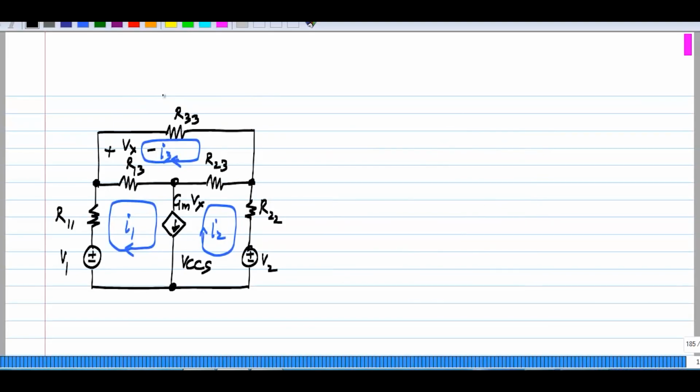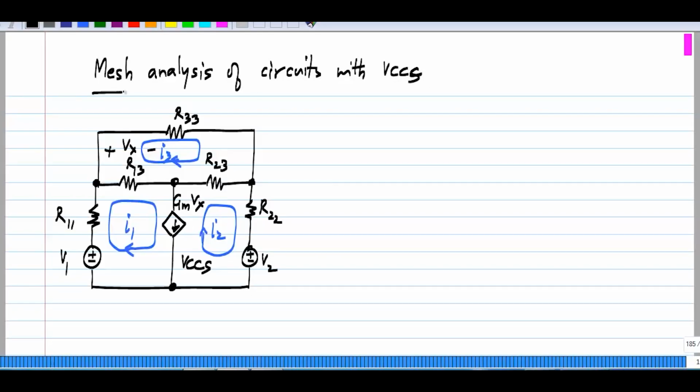Now let me consider a case with a voltage controlled current source. The voltage controlled current source is here, right?